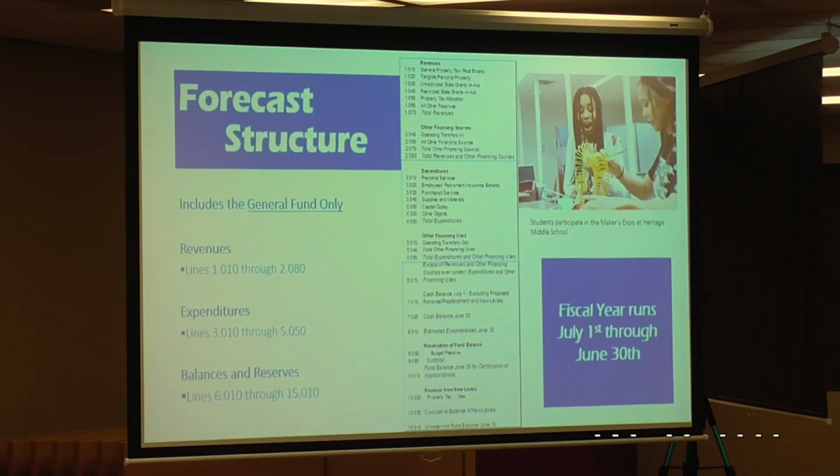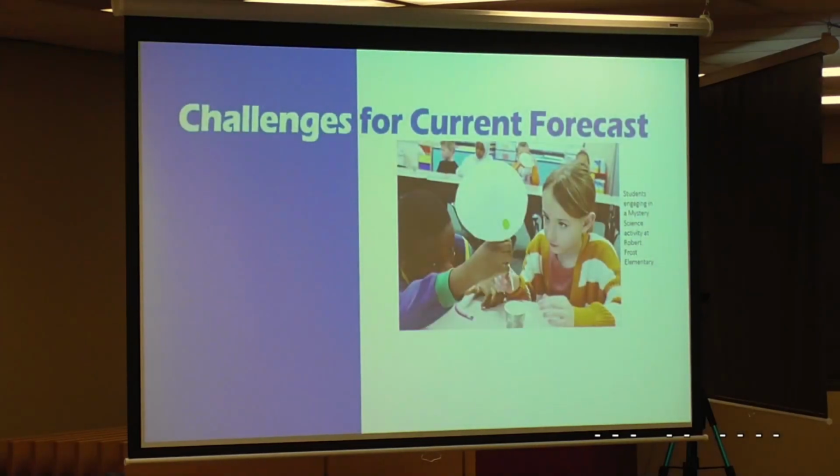And this picture is a picture of students participating in the Makers Expo at Heritage Middle School. Thinking about challenges of the forecast, if they come up. So legislative changes. House Bill 126 was a big impact to us with Board of Revision settlements.